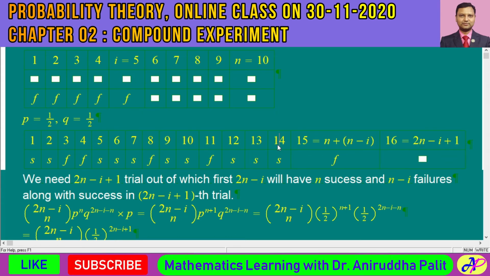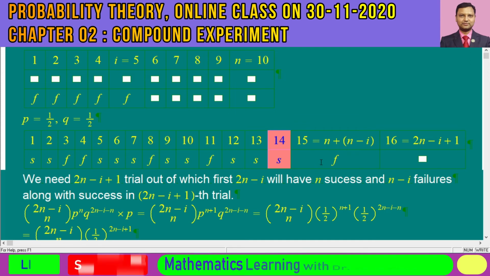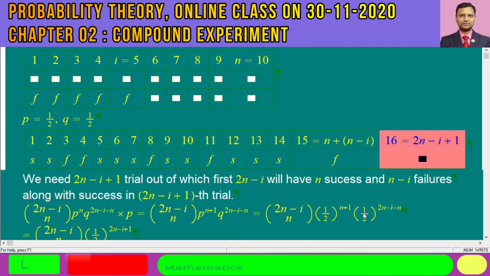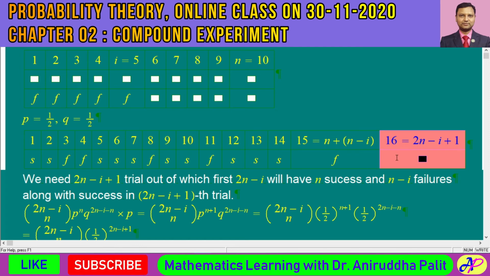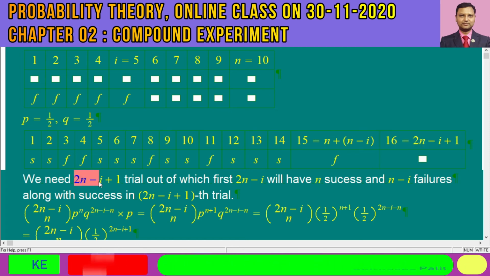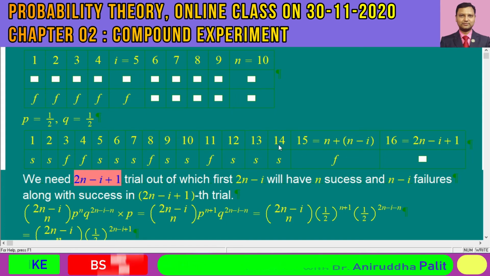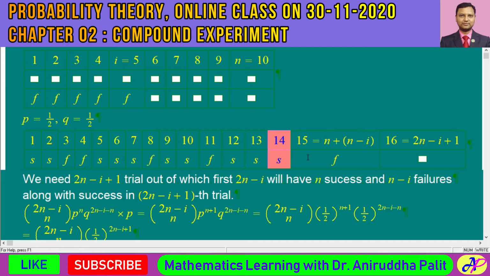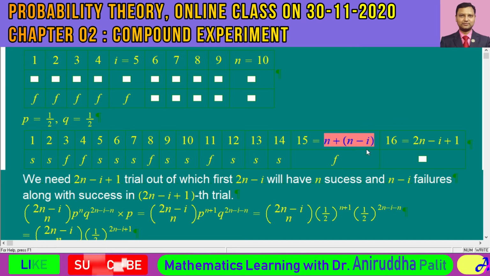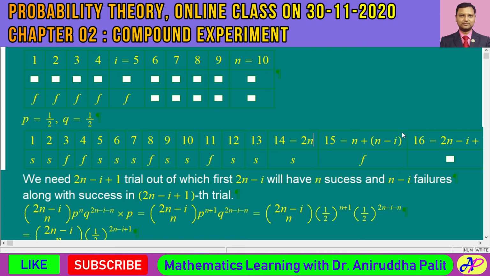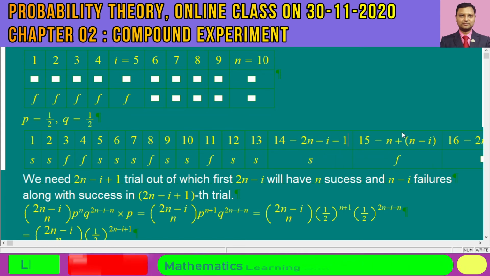So over here the question is about trial number 14, not about trial number 16. Previously the question was about trial number 2n − i + 1. But over here we are talking about trial number 14. Now what is 14? Over here this was 2n − i, so this should be equal to 2n − i − 1.